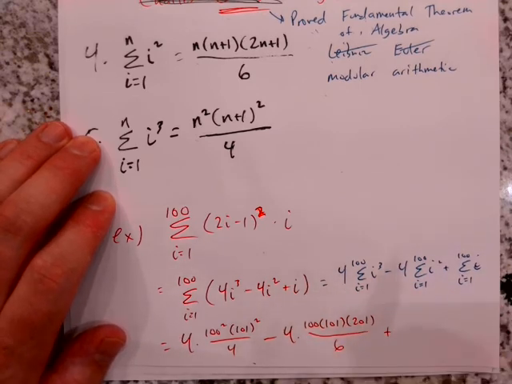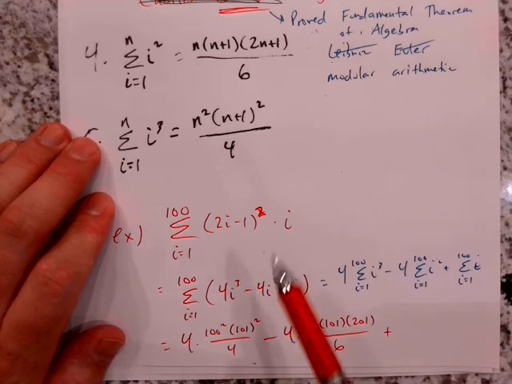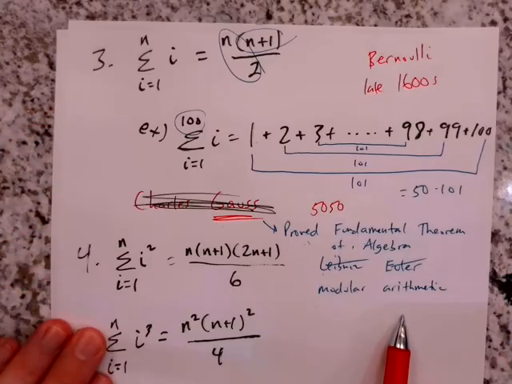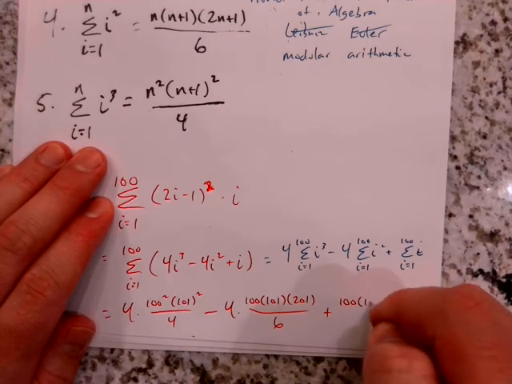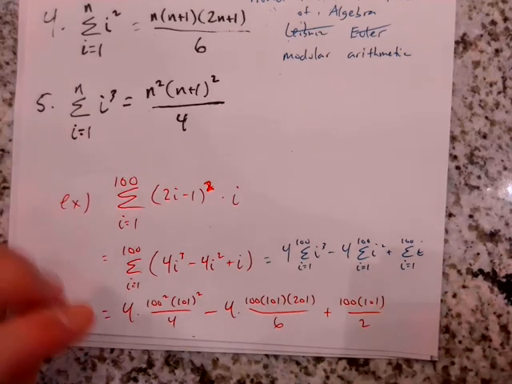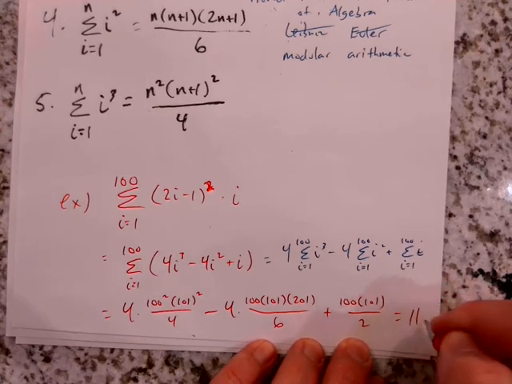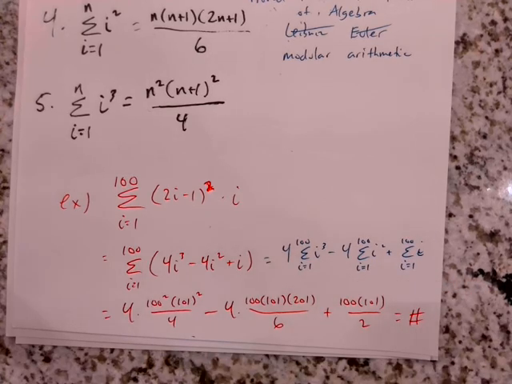Then plus the sum of i, that's just n times n plus 1 over 2. So it's 100 times 100 plus 1 over 2. And then you would find whatever that answer is. So when you use these formulas, you have to multiply out your expression, and then it's okay to go right from here to the sum.